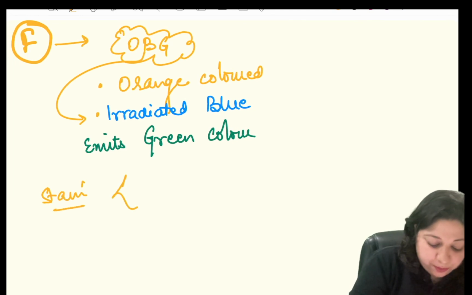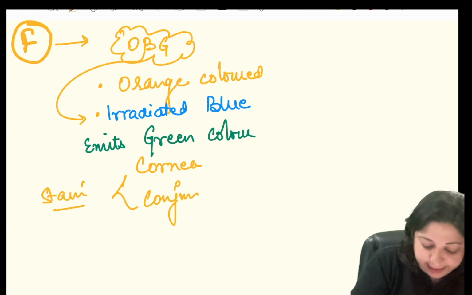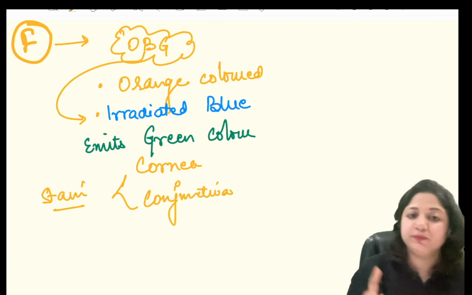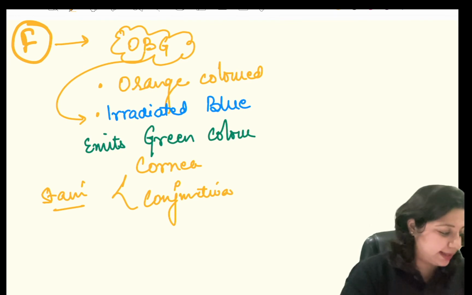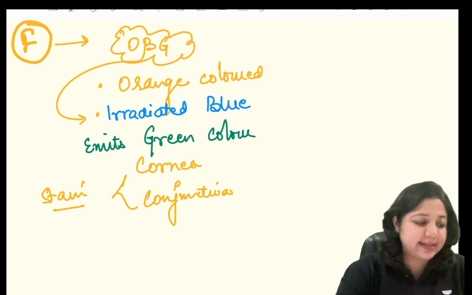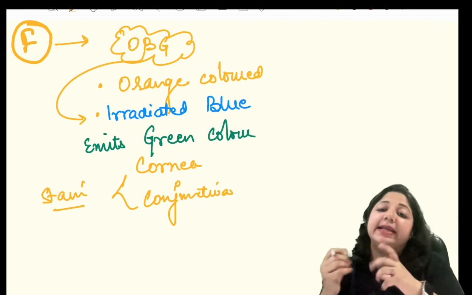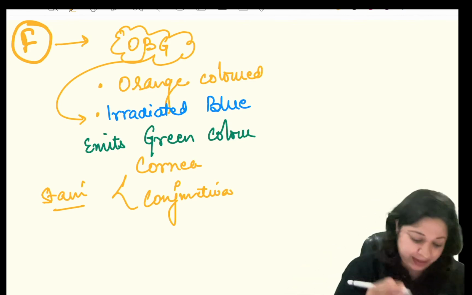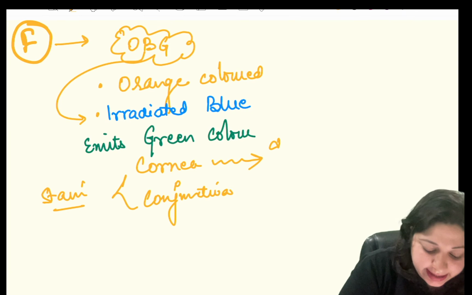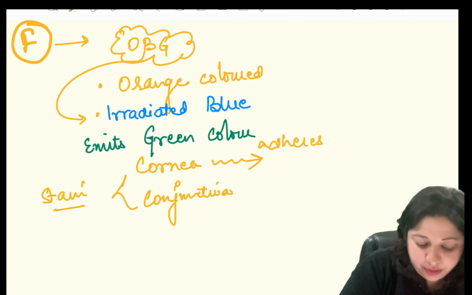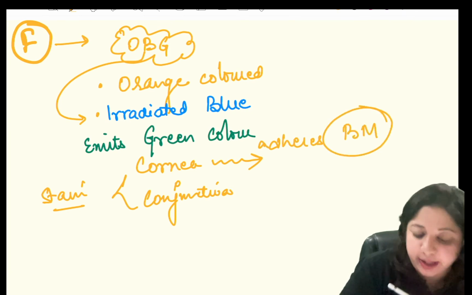It stains both cornea and conjunctiva. The other thing that you have to remember is that it also stains the areas of epithelial breakdown which is happening in the cornea. Right? Why? Because it adheres to the basement membrane.